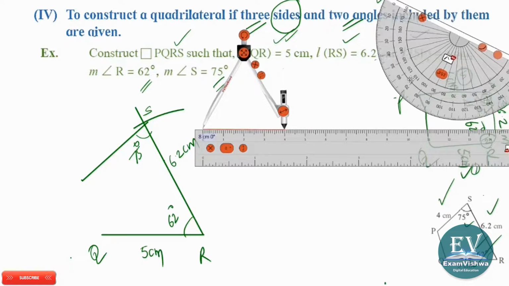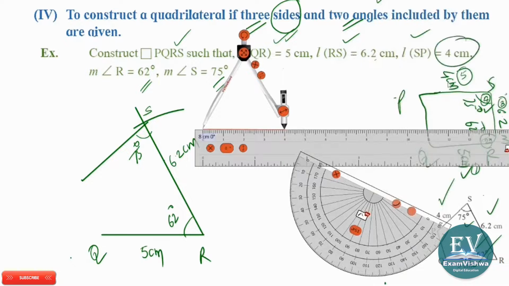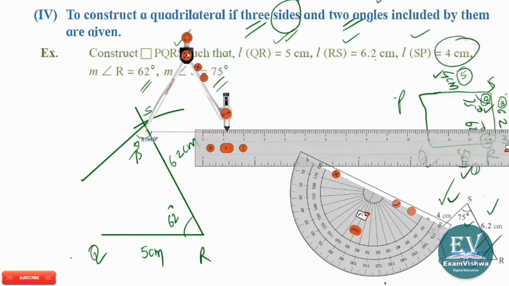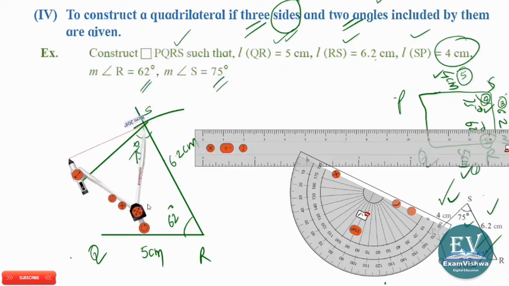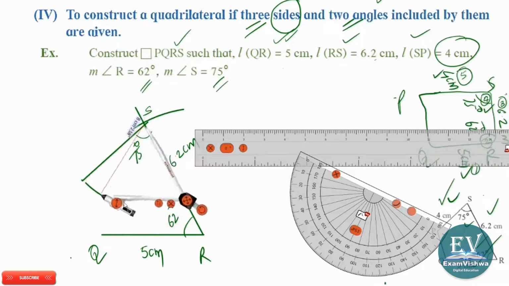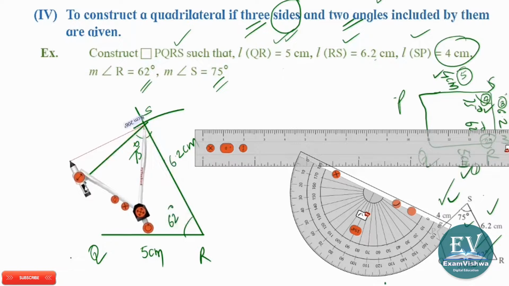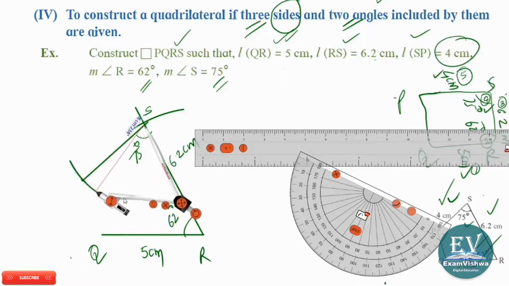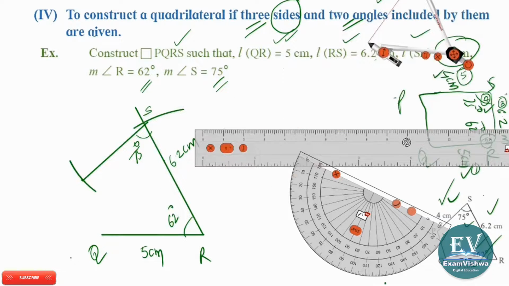Four centimeter is that side SP. I know that it is a little inaccurate there, but please bear with me. Okay, 4 centimeter will intersect there, that point is P. To make it more clear, I will just extend with the help of the scale so that the intersection will be more clear.